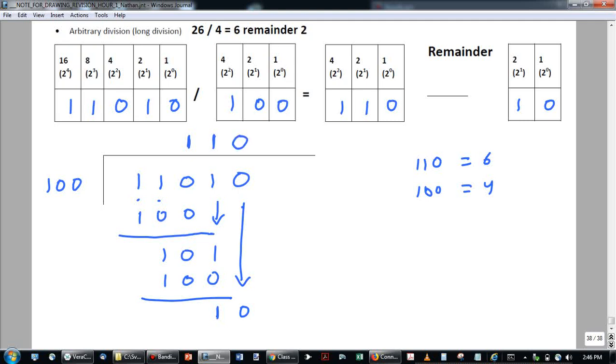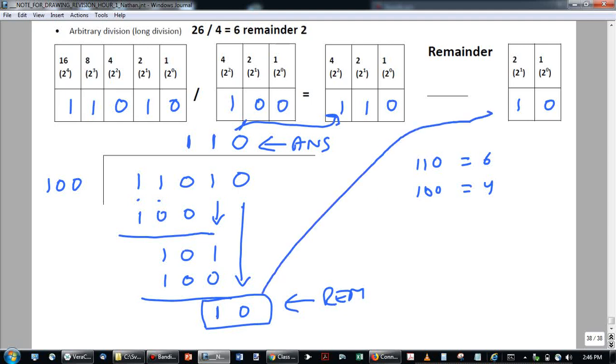No. So it doesn't go at all, and we have something left over. So this is the answer, and this is the remainder. We cannot continue because there's not enough value to work with. So my answer is 110. Does that match my answer? Yep, 6. And the remainder is 2. I got what I expected.